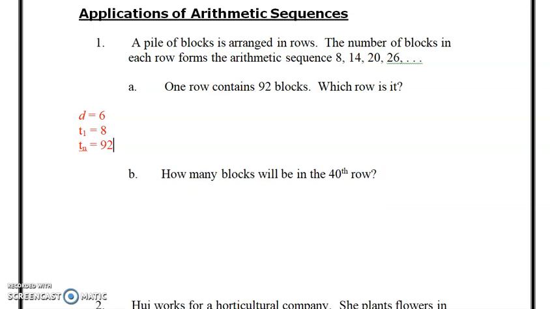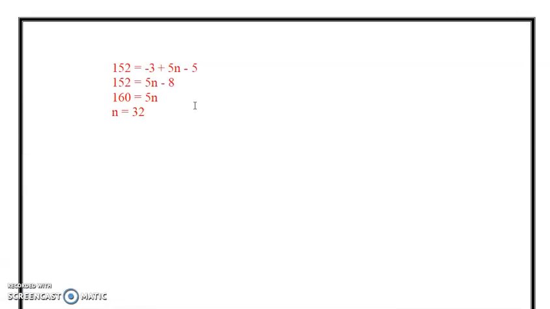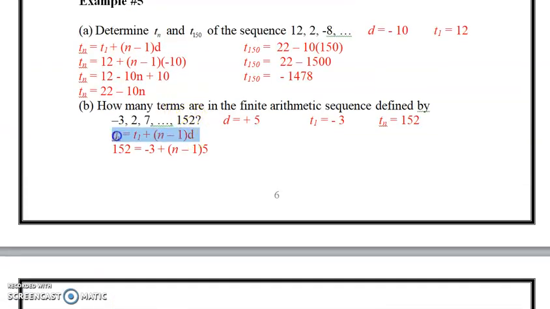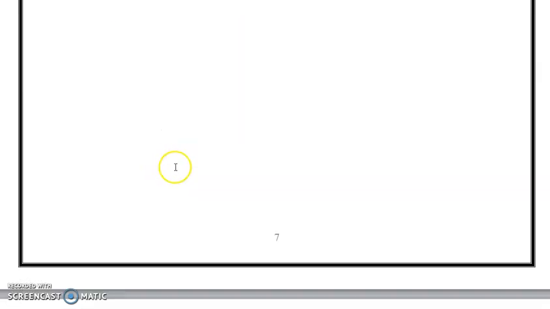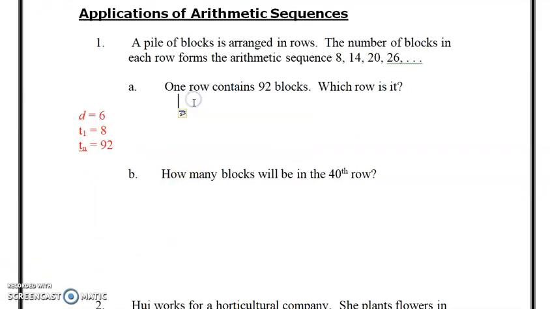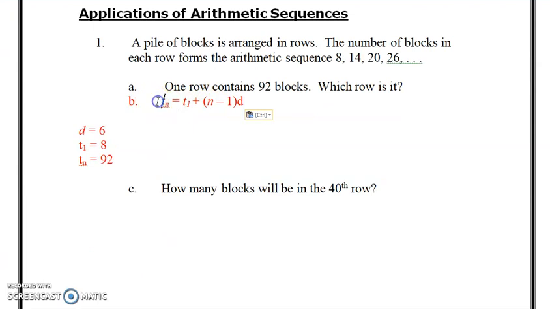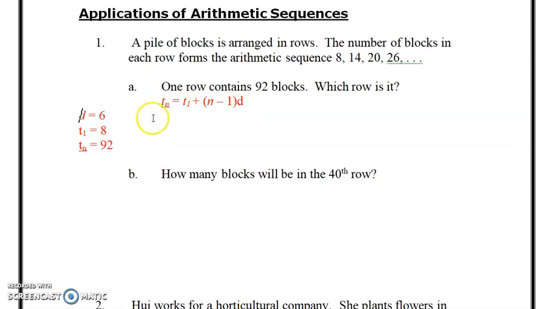So we'll go grab our formula again. I'm just going to go steal it from a previous slide. Just bear with me. Here we go. All right, so we have our formula.